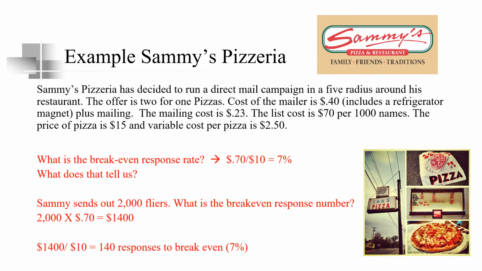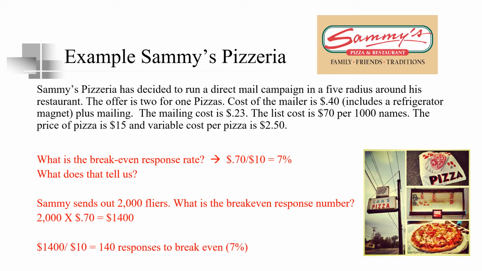Let me give you an example, and let's use the example of Sammy's Pizzeria. Here I have a couple of pictures of Sammy's Pizzeria and a pizza and their menu. Sammy's is all about family, friends, and traditions. Sammy's Pizzeria has decided to run a direct mail campaign in a 5-mile radius around his restaurant.